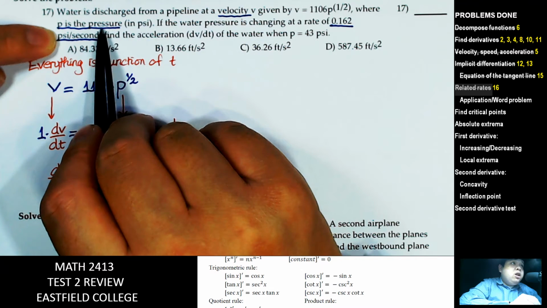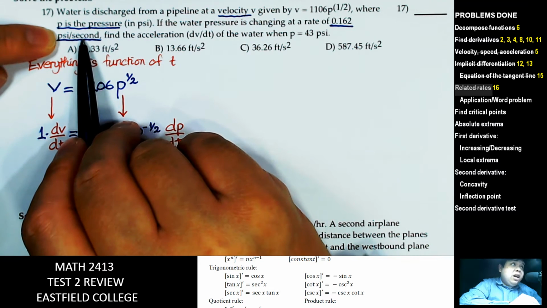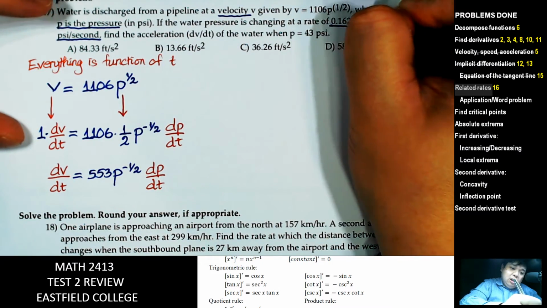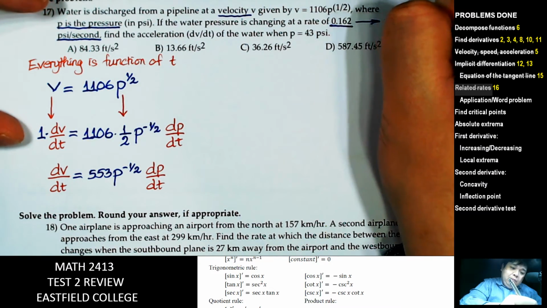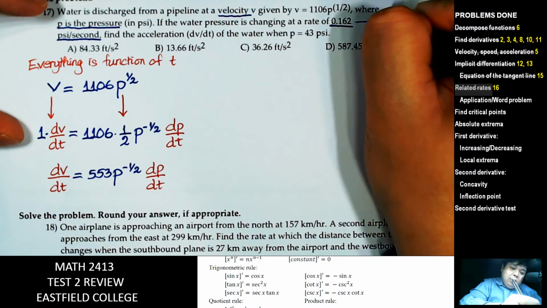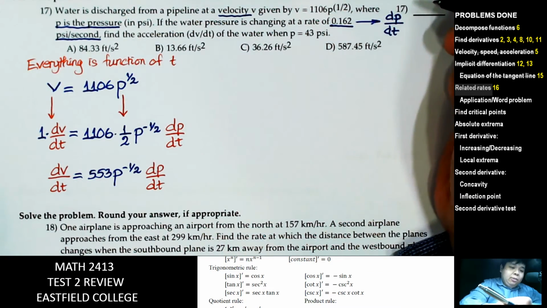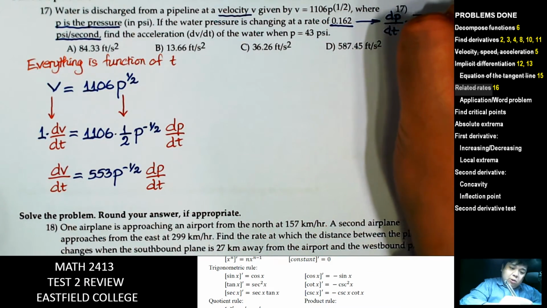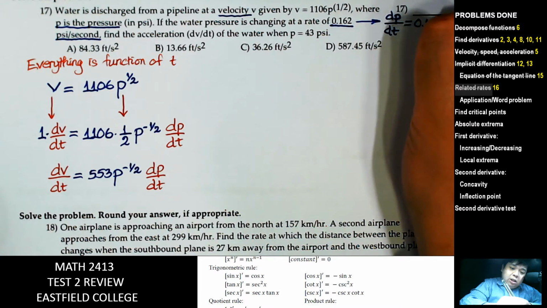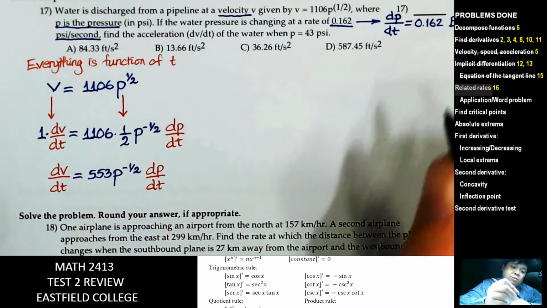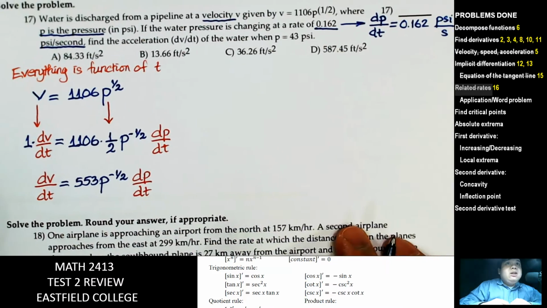Psi is the unit of the pressure, and second is the unit of time. So this pretty much is going to be dp over dt. So it's equal to 0.162 psi per second. So that's what we have.